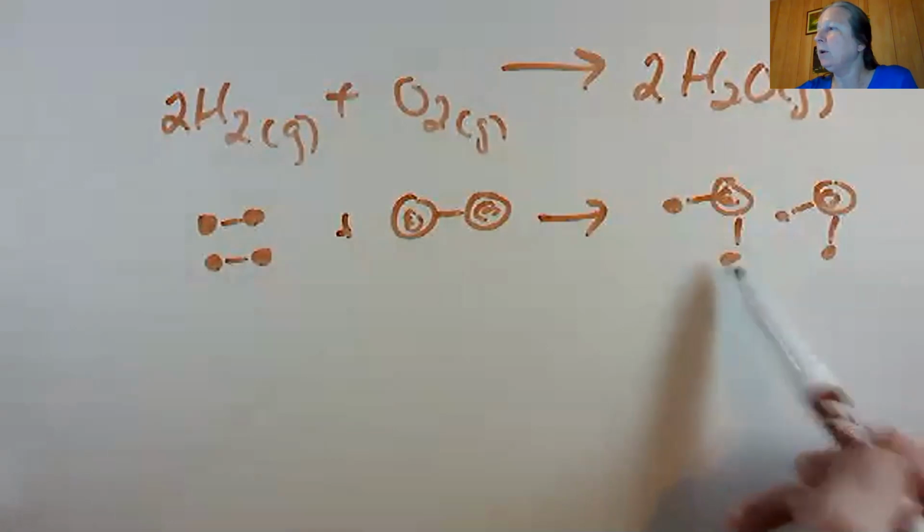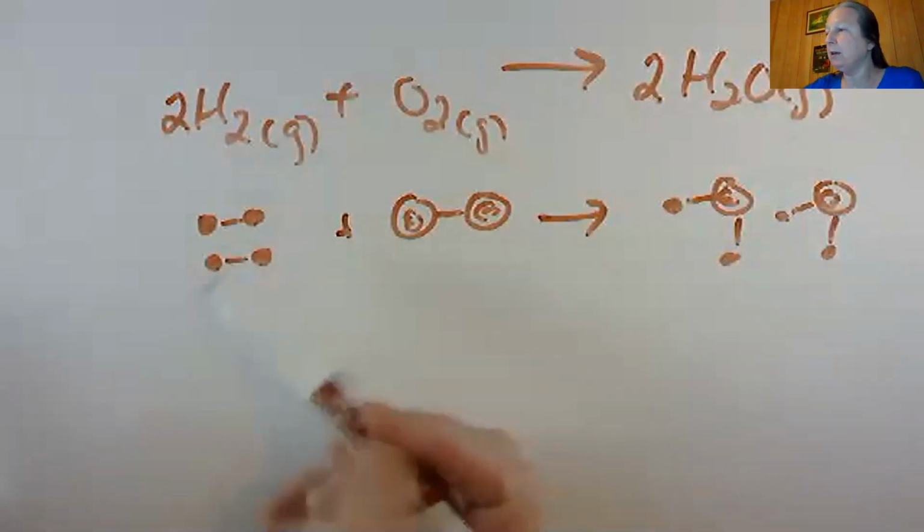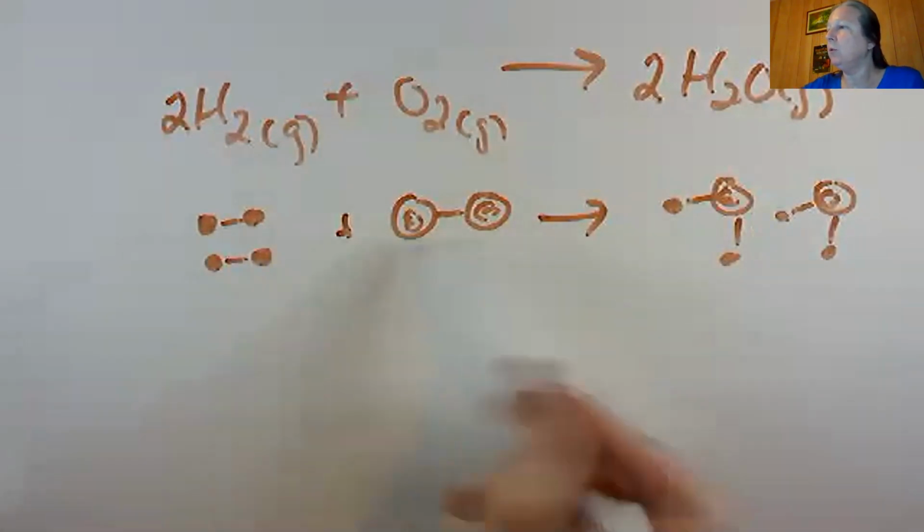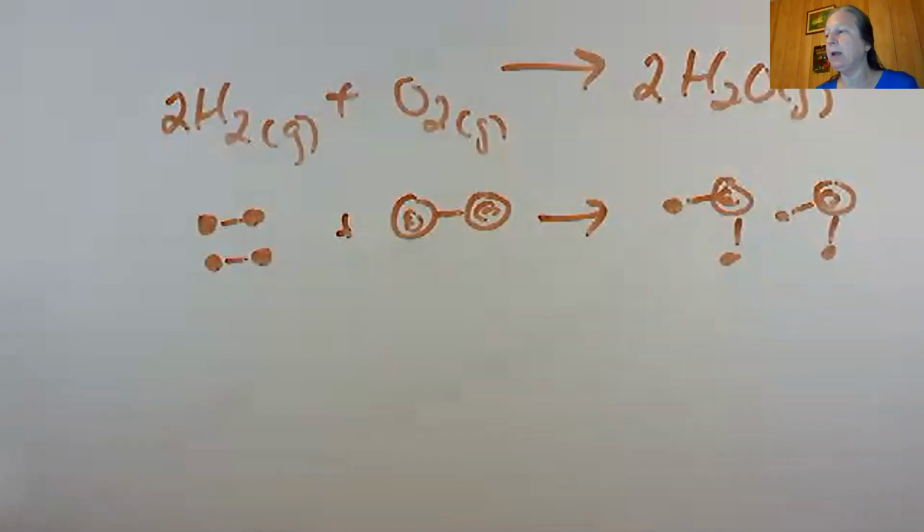So 1, 2, 3, 4 hydrogen atoms, 1, 2, 3, 4, 2 oxygen atoms, 1, 2. Okay, they're just rearranged. So you have to have the same number of atoms on the left side and on the right side. That's called balancing equations. And that is what I'm going to work through here quite a bit in this lecture. All right, back to the slides.